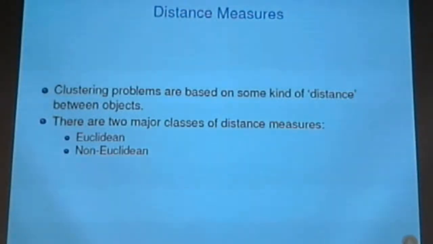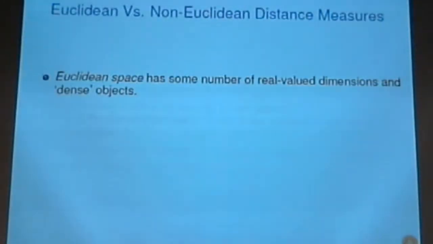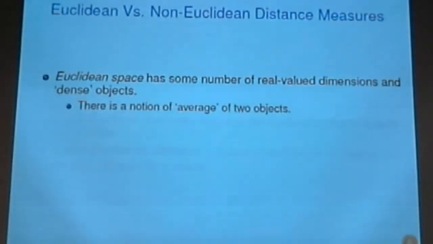The difference between these two types of measure is that Euclidean distance calls for the location. Euclidean space has some number of real-valued dimensions and dense objects, and basically there's a notion of the average of two objects. So you look at the location within that cluster.